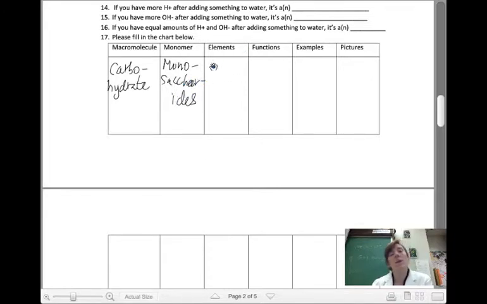And the elements that we find in carbohydrates are C for carbon, H for hydrogen, and O. And we always see them in a 1 to 2 to 1 ratio. In other words, we might have C6H12O6, and that's an example of glucose.